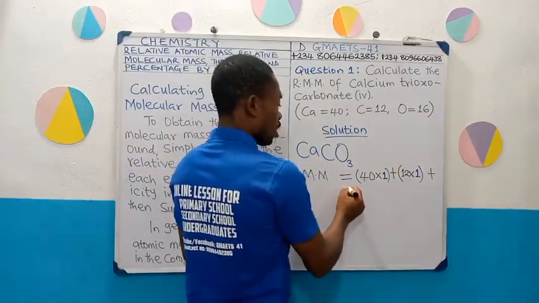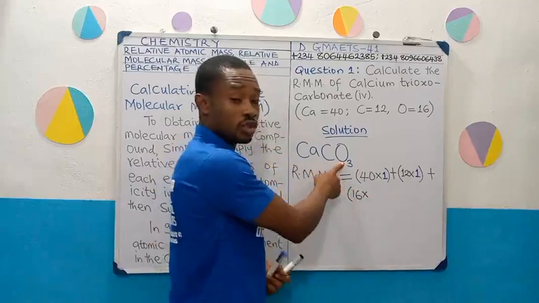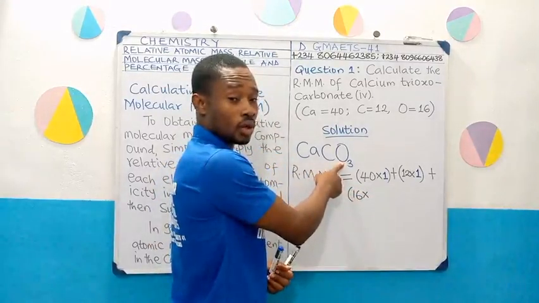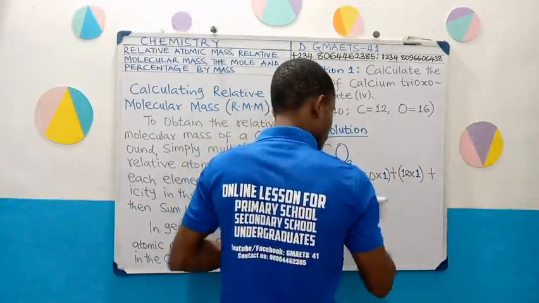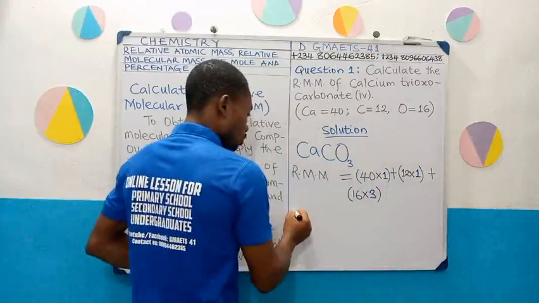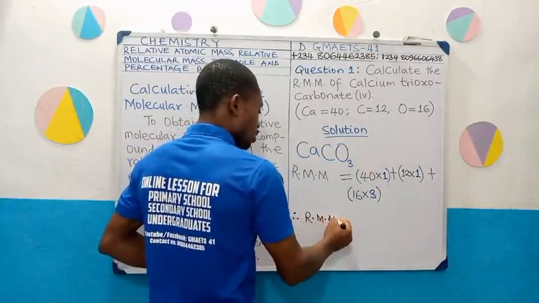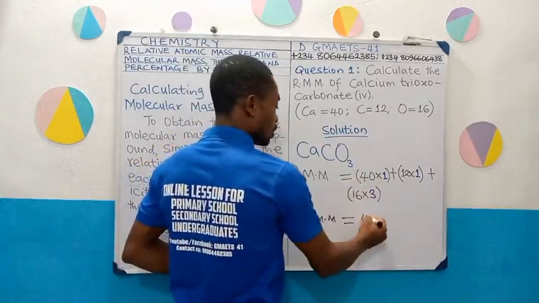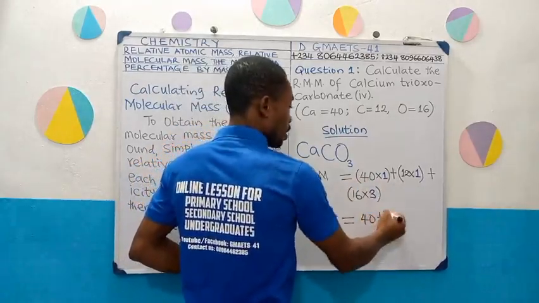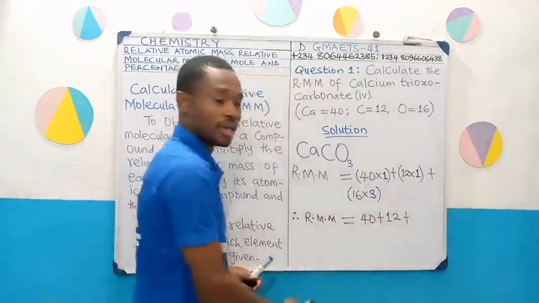How many atoms of oxygen do we have in this calcium trioxocarbonate 4? 3 of them. So it's going to be times 3. Therefore, the relative molecular mass of calcium trioxocarbonate 4 will now give us 40 times 1, which is 40, plus 12 times 1, which is 12, plus 16 times 3, which is 48.